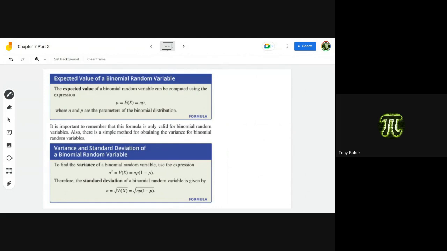It's only using N and P. So your expected value is just N times P. In the last problem, N was 20 and P was 0.4, so my expected value is 20 times 0.4, which would be 8.